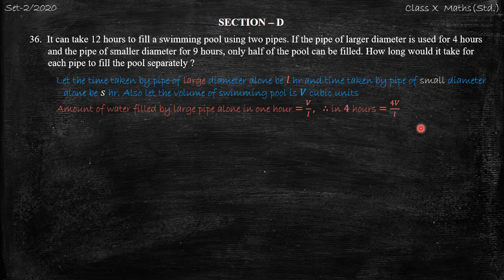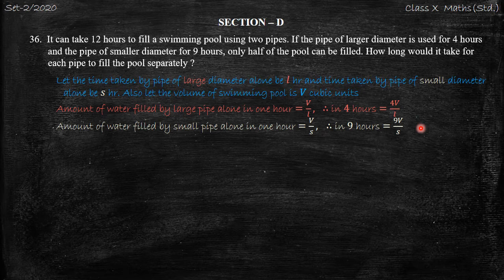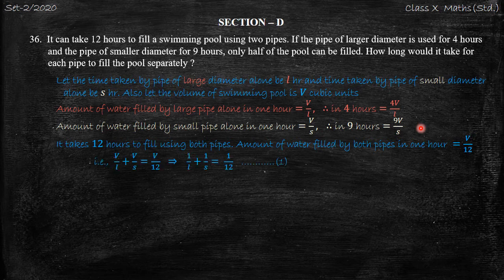Okay, let me make it fast because this is all self-explanatory. There's nothing to explain much. I have used two different colors for each type of pipe. Now we have formed the first equation.